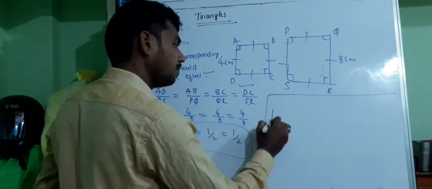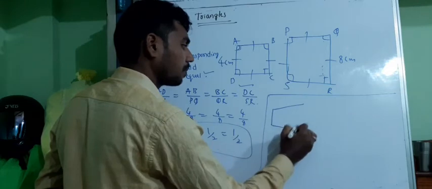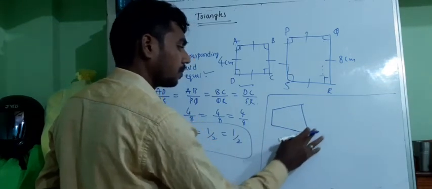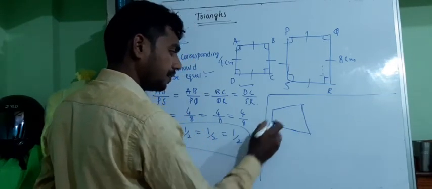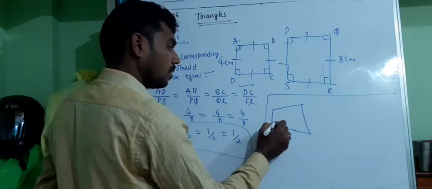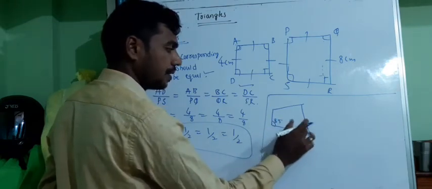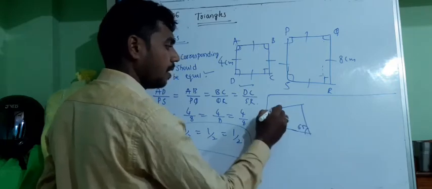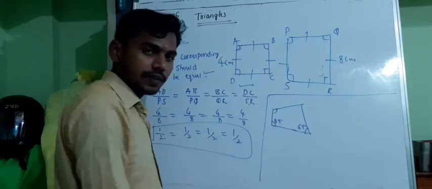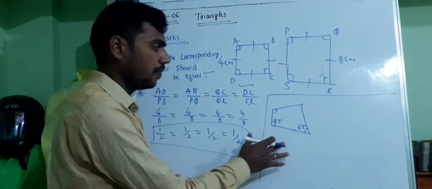So one polygon, this is 85, this is 65, and this is 100. 85 plus 65, that is 80 plus 60, 140, 150.